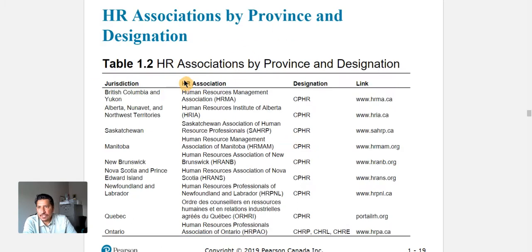See that HR associations per province and designation. The designation is CPHR, Human Resource Management Associations are here. So look at the jurisdiction, Alberta, where we are right now: Human Resource Institute of Alberta, CPHR designation, and the link is there.